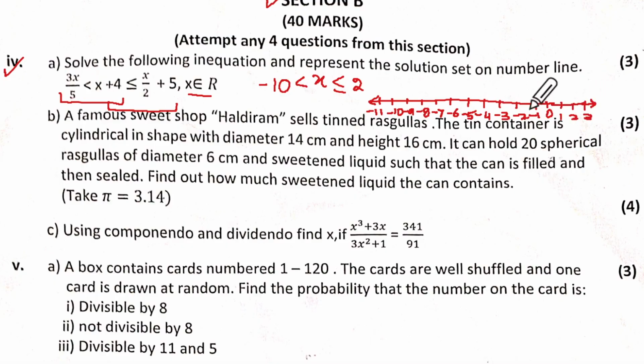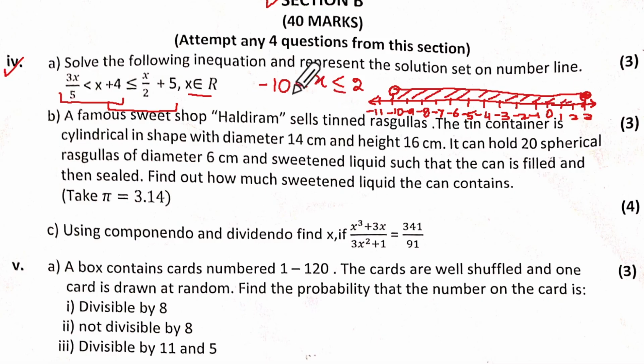Don't make it a huge number line. From here it is going to be less than, so it will be a hollow circle, and 2 means it will be a shaded circle. Then we will join this with the ruler. I'm doing it freehand, and this is how we have to show the graph.